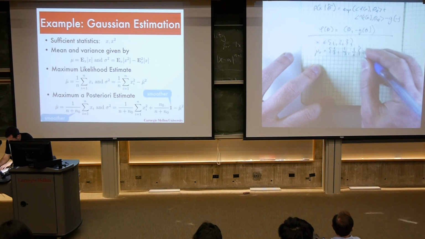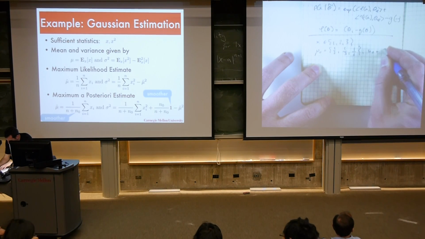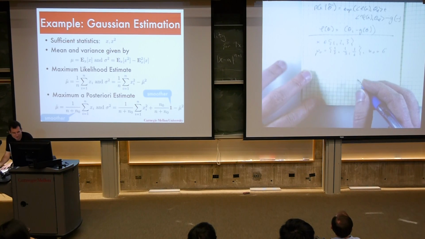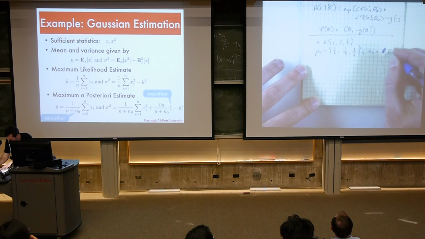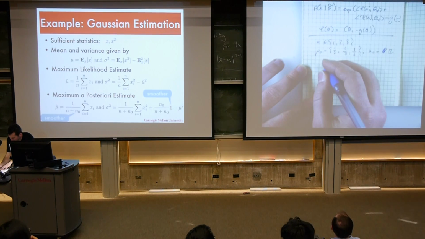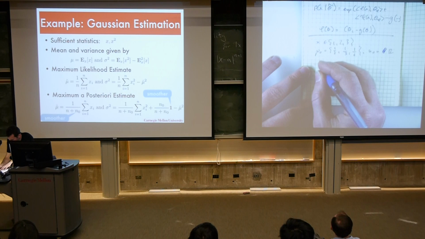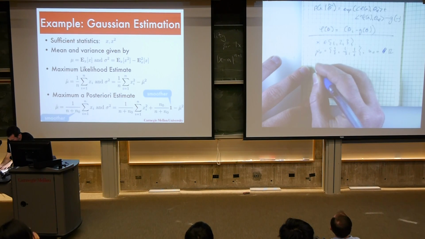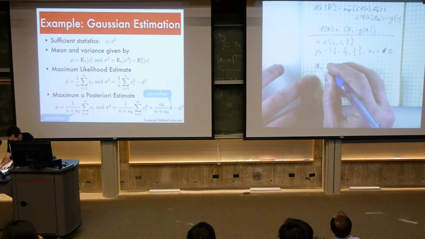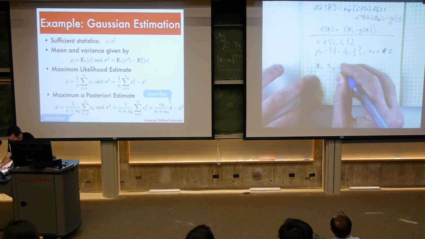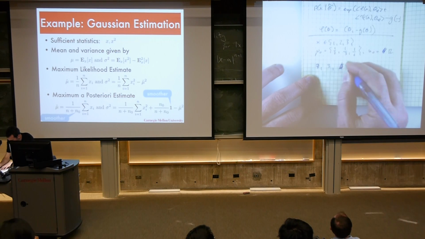And I pick n naught to be maybe 6, just to make the math look nice. Or let's make it 12, otherwise it's too trivial. And then I get some counts. Maybe I see the ones 7 times. And I see the 2s maybe 3 times. And I see the 3s maybe 6 times. Of course, now it doesn't work out. Let's say we see it 5 times, right?